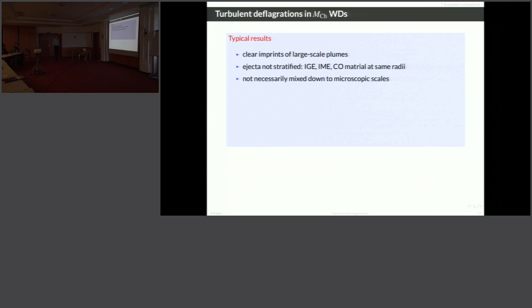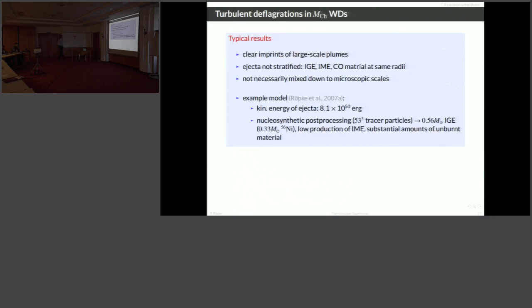That does not really mean that they are microscopically mixed, but if you actually do an average over angles, then you will see that you have co-spatial regions that are filled with these groups of elements. An example model that's sort of typical would produce something like a kinetic energy of 8 times 10^50 ergs.